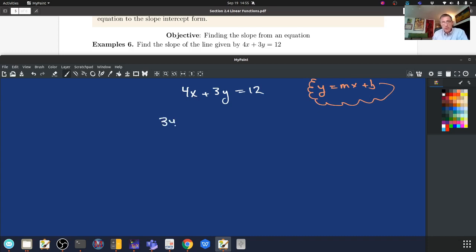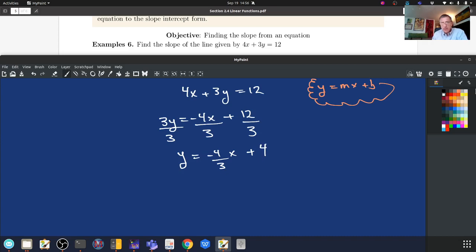So I'm going to move the x term to the other side. It becomes negative, and the 12 stays over. I just moved it a little over to the right. Then I'm going to divide each term by the coefficient on the y term. That's going to give me y is equal to minus 4/3 x plus 12 divided by 3 is 4.